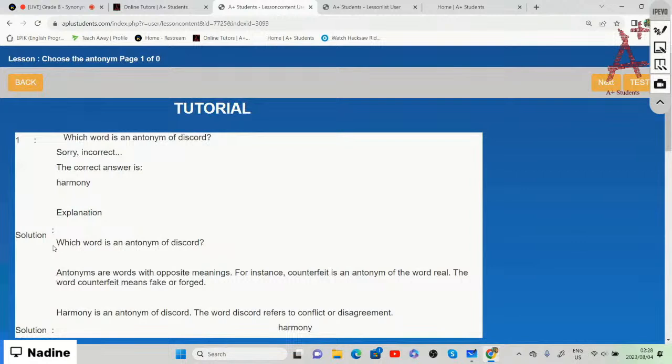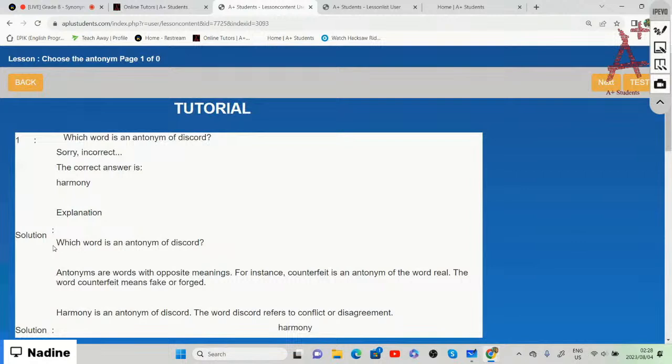So the word harmony, right? They're saying harmony is an antonym of discord, right? The word discord refers to conflict or disagreement.